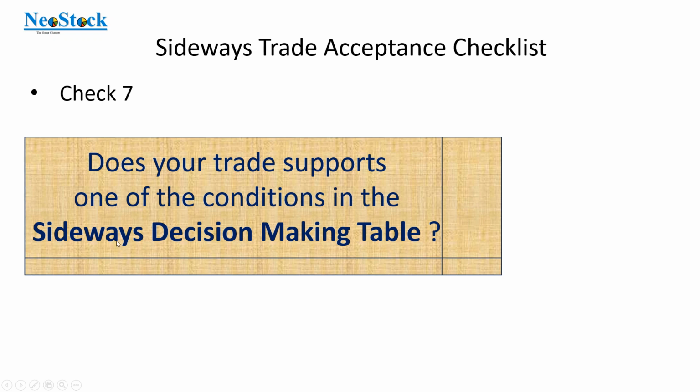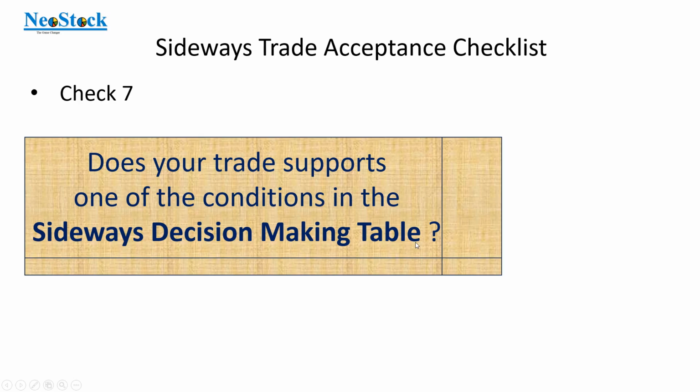So those decision making tables you have to refer. So please remember, you should not refer lesson 14. You should refer lesson 30.1 and lesson 30.2, the sideways long and short trade setup decision making tables.